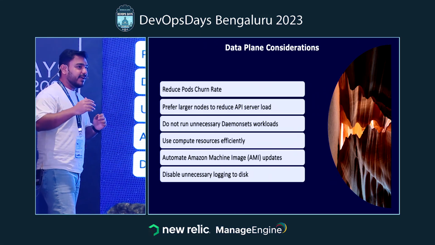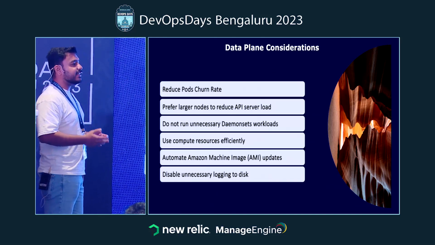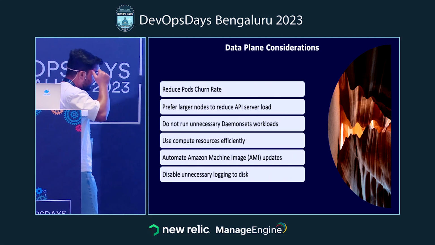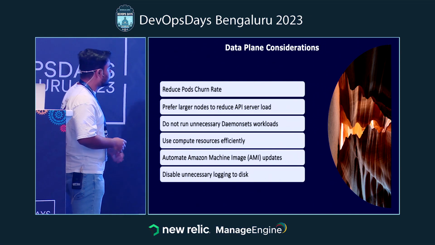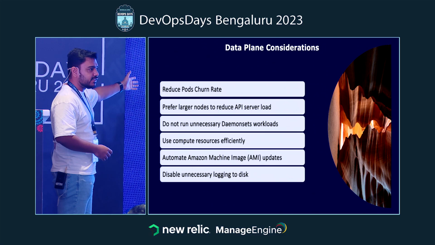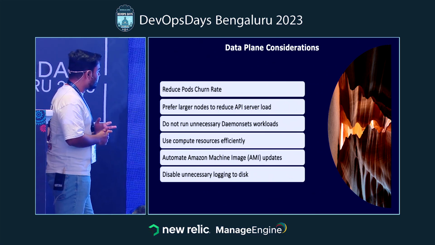And when the number of nodes goes down, it decreases the number of pods, basically the daemon set pods that were running in the cluster. So this was a huge reduction in load on the API server. Similarly, the next thing is daemon set workload. As soon as the nodes go down, our daemon set pods go down, and the overall load decreases.